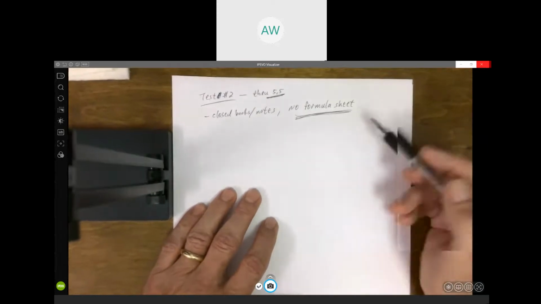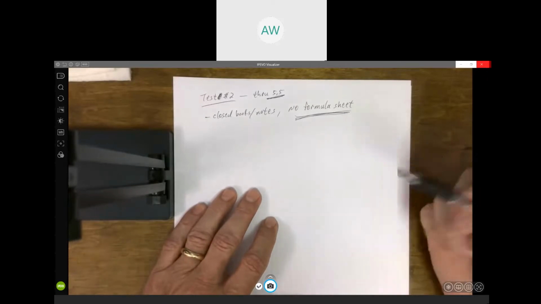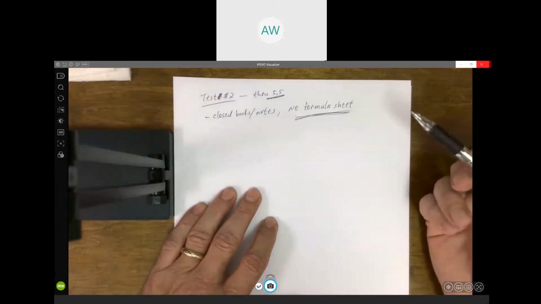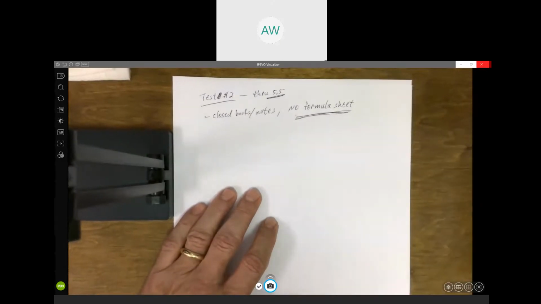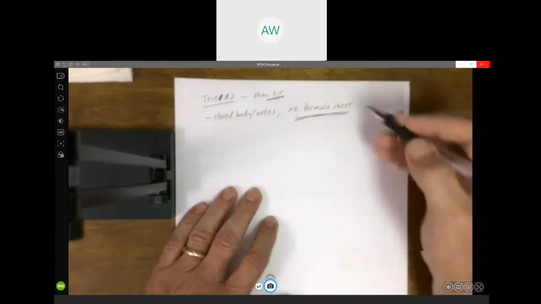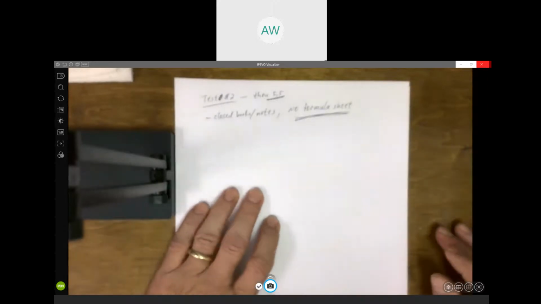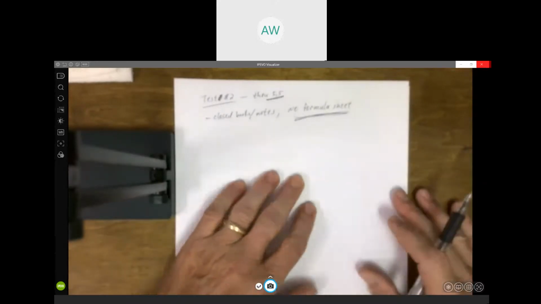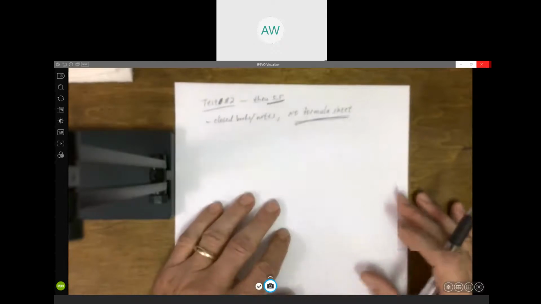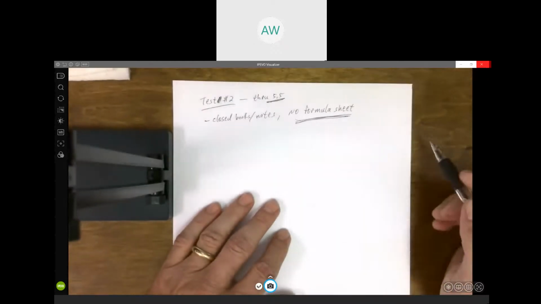Now, sort of related to the, as far as no formulas provided, any material properties that you'll need that you would get out of that table that's in the back of your textbook, that would be provided. So don't think you've got to know what the coefficient of thermal expansion is for A36 steel. That you don't need to know.